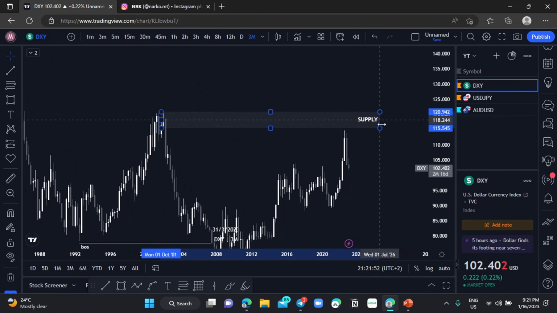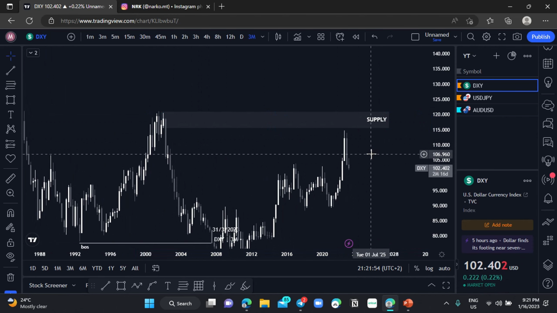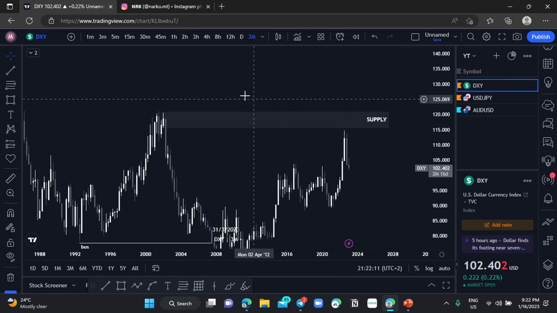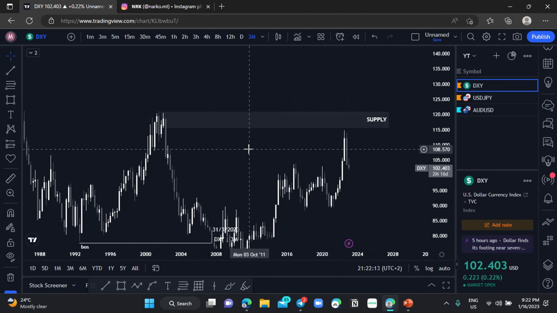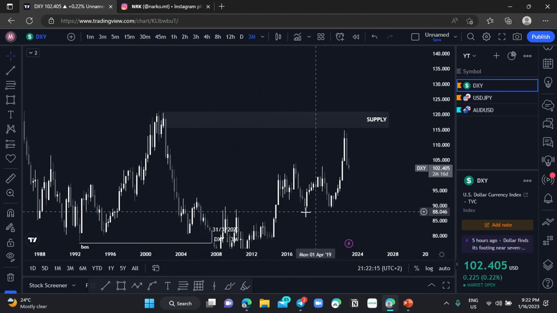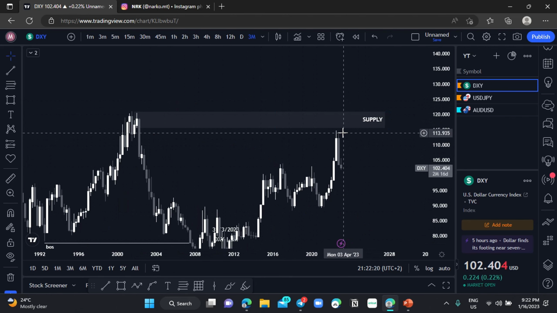Refining your supply or demand areas can act in a good form and in a bad way, because sometimes when you refine your supply area too much you can miss trades, and sometimes when you don't refine your supply areas you can enter a trade too early and risk a lot.